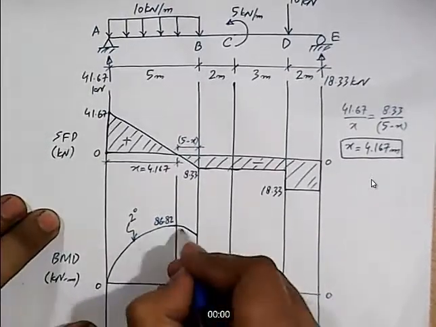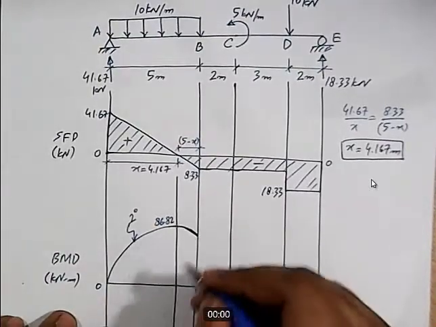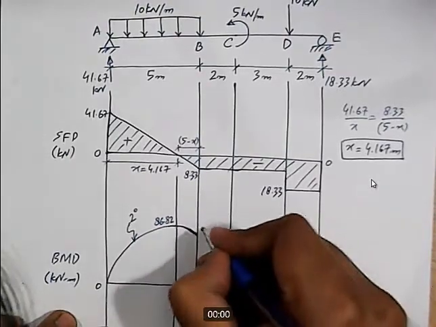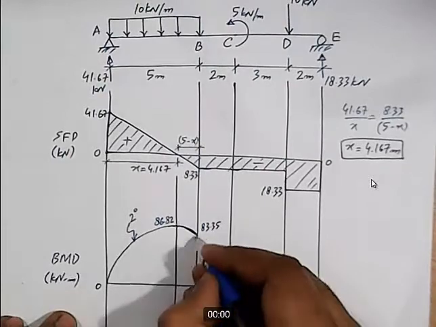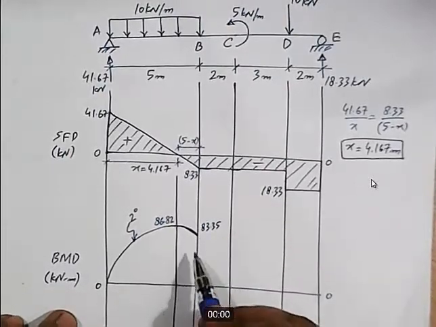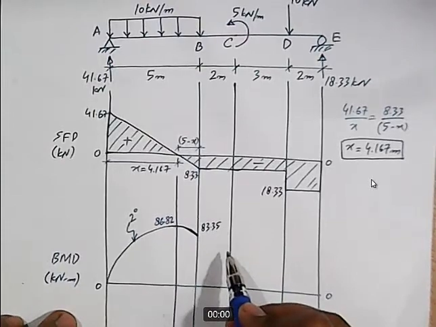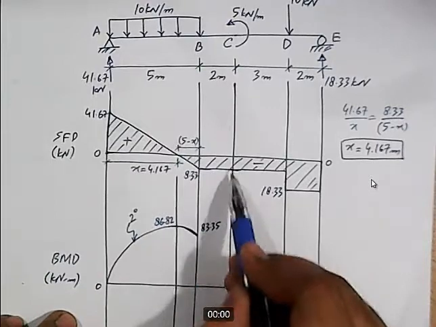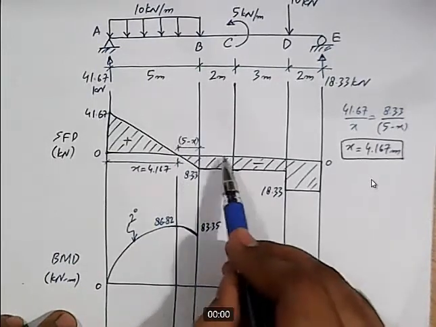This is also a second degree curve, and how much is the value? It is 83.35. Now from this location at point B, in order to move to point C, we will have to calculate the value of this area. This is a rectangular area. Vertical side is 8.33, horizontal dimension is 2 meters.